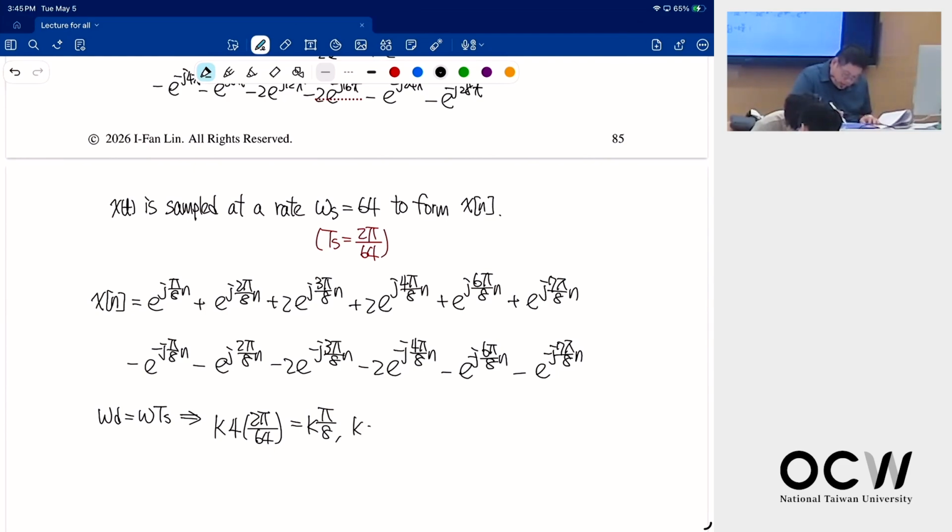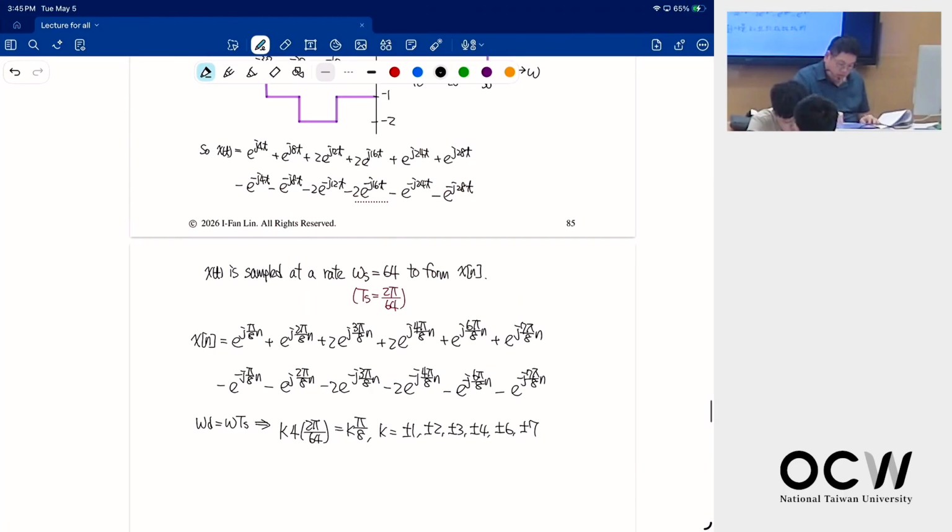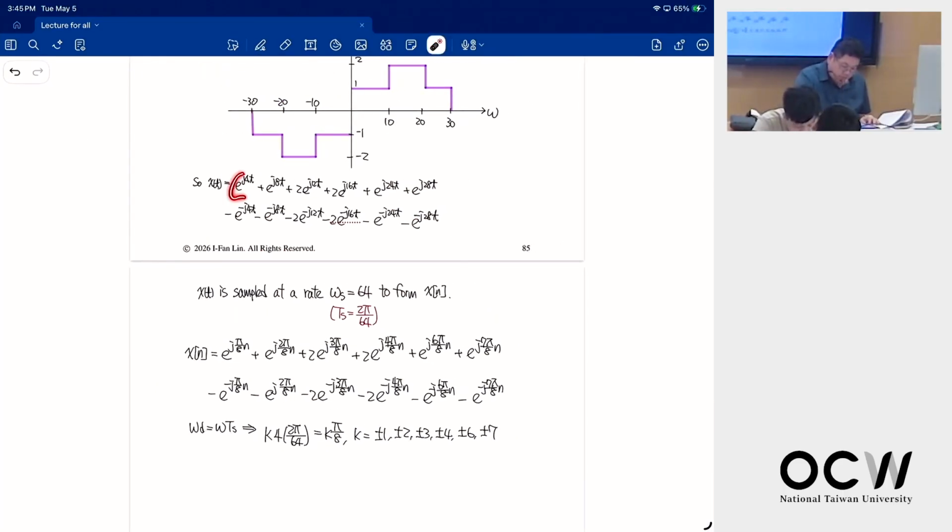So the k is 1, minus 1, 2, minus 2, because we only have this 1, 2, 3, 4, and 6, 7.